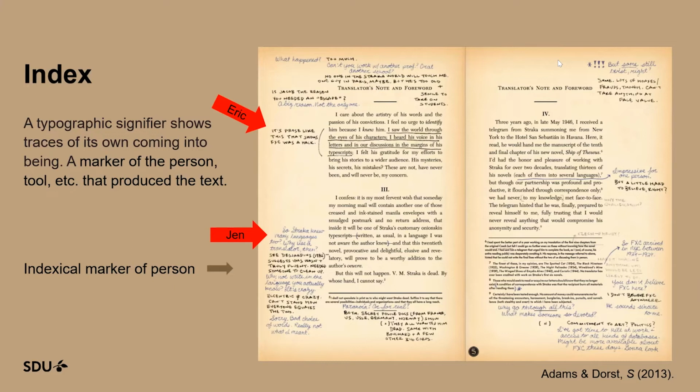But I think it's quite an interesting example also in dialogue with Helen's presentation yesterday. Okay, so here we saw indexical meaning, with the typography being a marker of or a trace of the person.